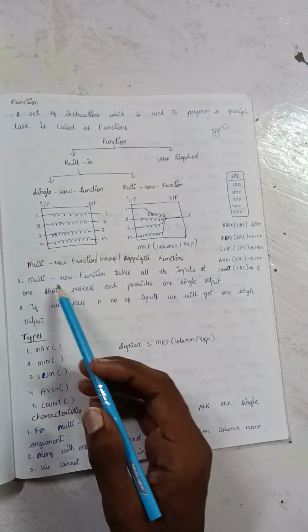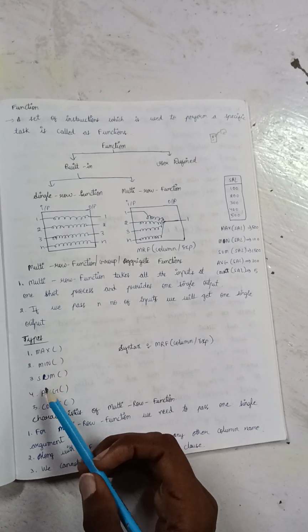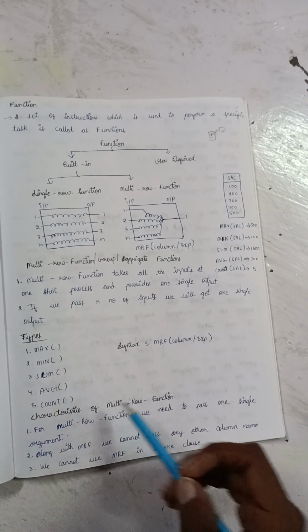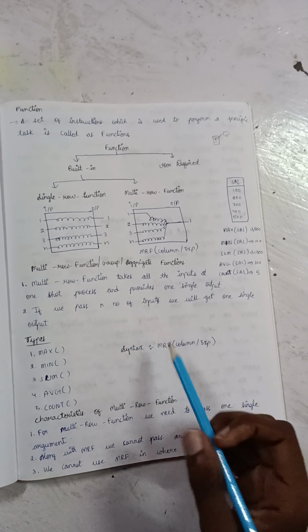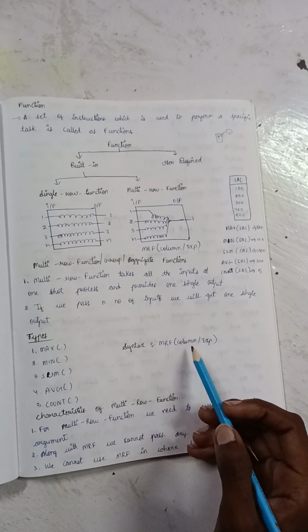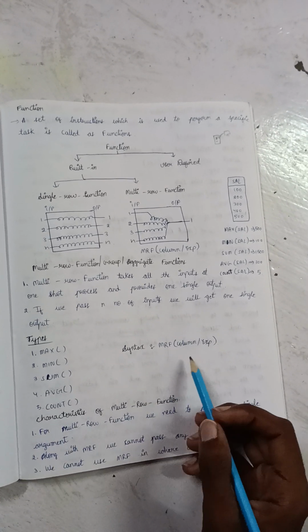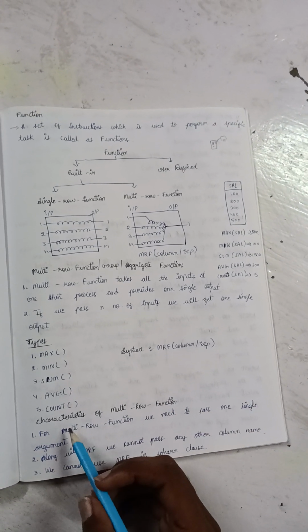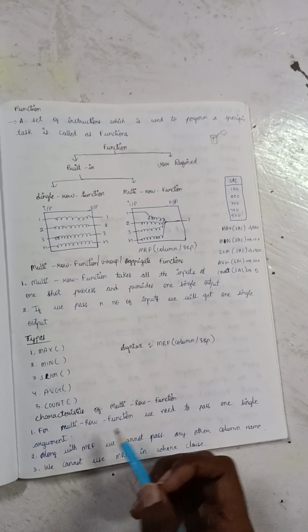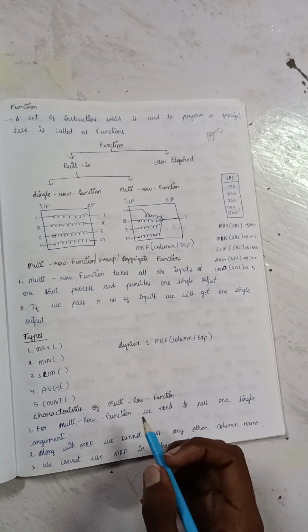There are five types of multi-row function: max, min, sum, average, count. The syntax is MRF of column name or expression. Characteristics of a multi-row function: we need to pass one single argument.